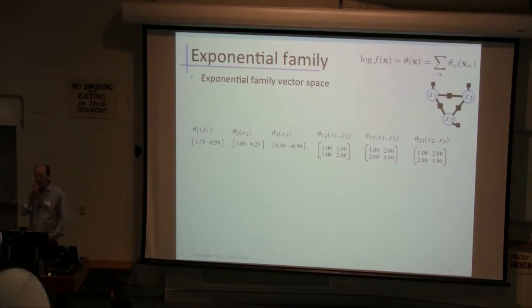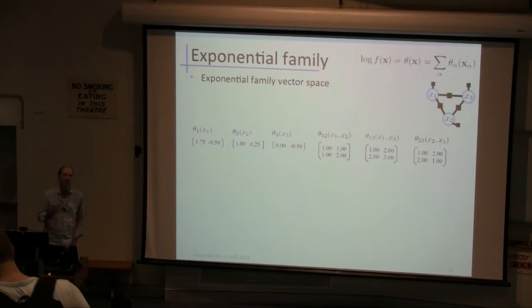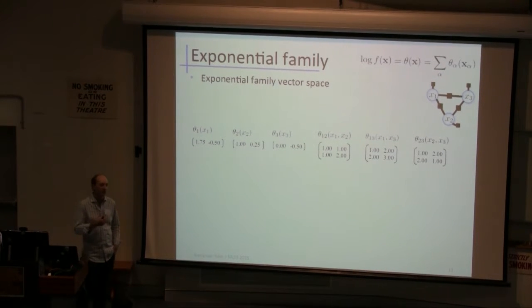Okay. Another useful framework to think about things is to think of these factors as being a model in the exponential family, and to think about our model in a vector space. So again, usually what we'll think about is that we have a product, or in this case, a sum of functions, theta, which we can think about as tables defined over these discrete variables.